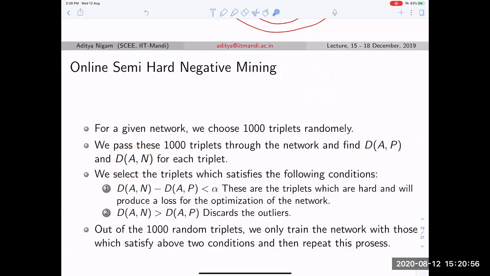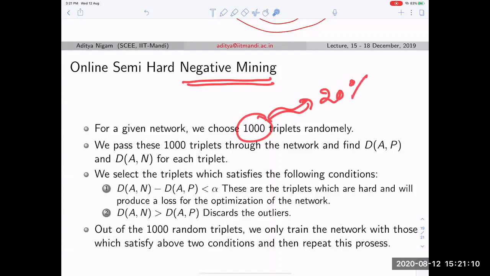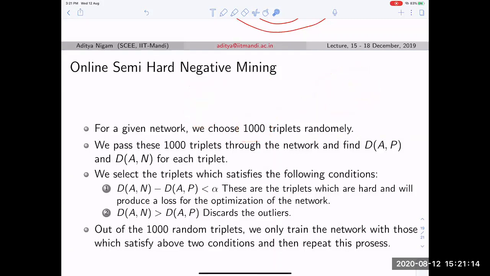If they are closer than alpha, then I am going to use only the losses for those negatives. So I took this 1,000. Out of that, I find out only 20 such pairs in which my alpha is not properly met. I compute the loss for them, and then only back propagate using those 20 pair losses.